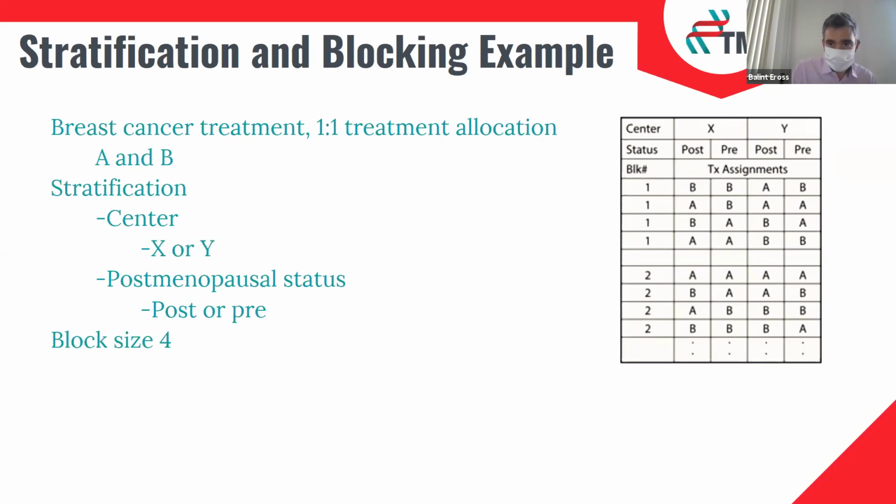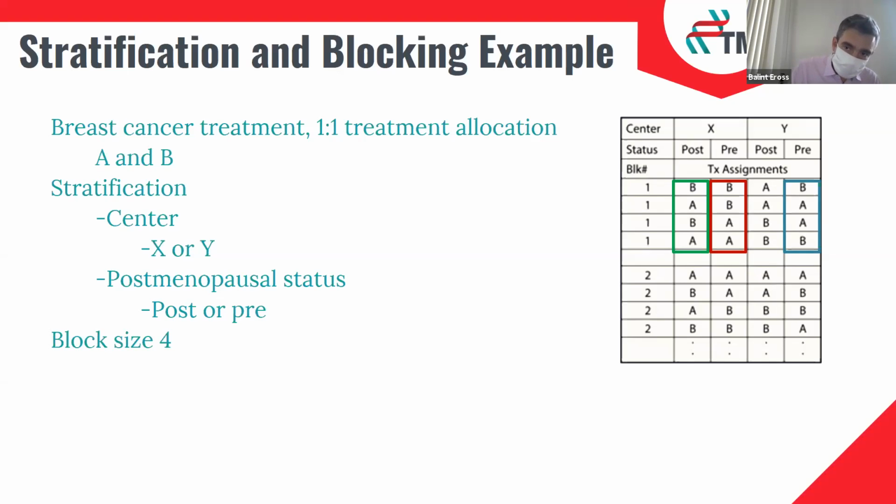So what you use, for instance, in this trial, is block sizes of 4. For instance, patients who are enrolled in center X and are premenopausal get a block of 4, BBAA, while in center Y, premenopausal patients get a different block.